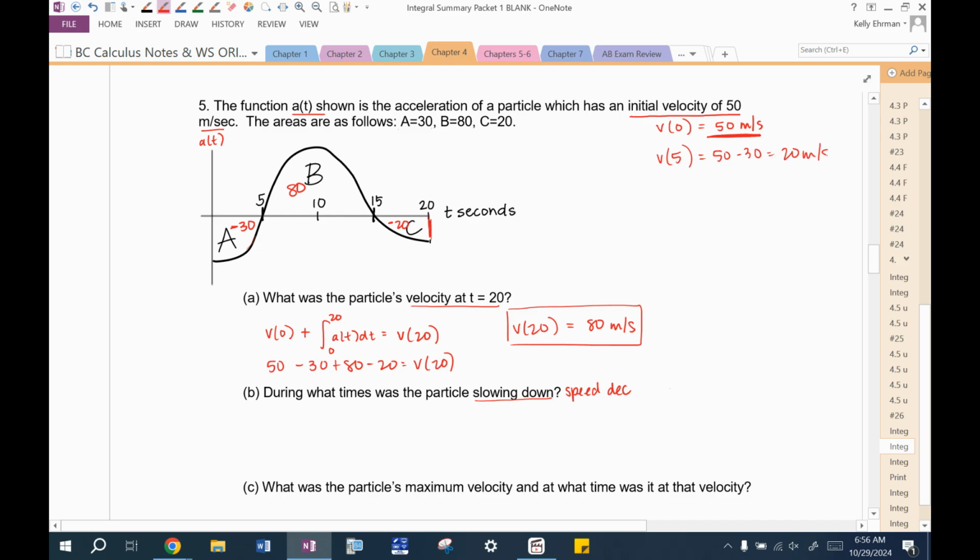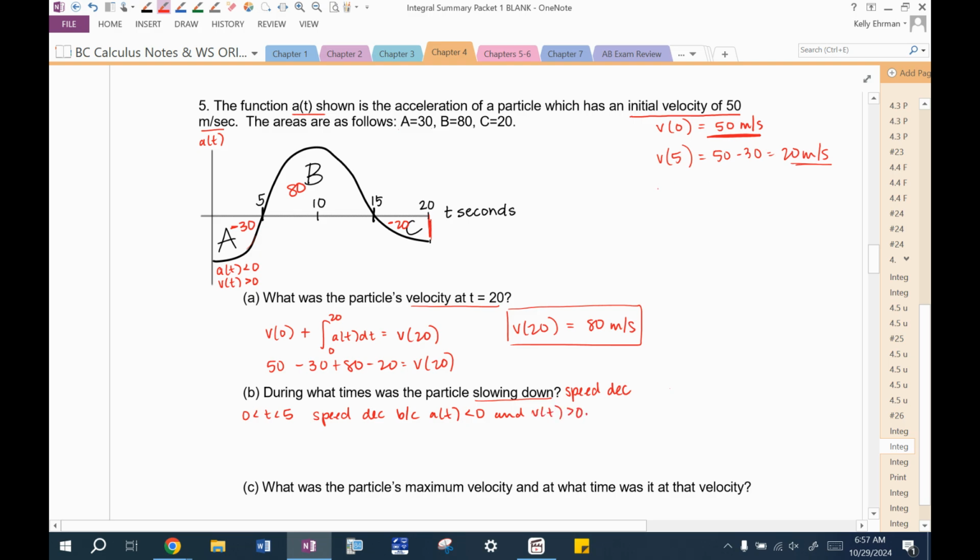So the velocity is going to go from 50 to 20, so it's going to stay positive. So on the interval 0 to 5, a of t is less than 0, but v of t is greater than 0. Because they disagree there, I'm going to say for 0 less than t less than 5, speed decreasing, because a of t is less than 0 and v of t is greater than 0.